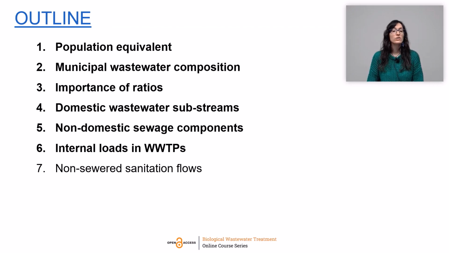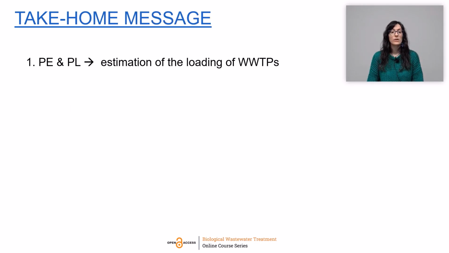If we go back to the outline of this section, we have now completed all the points, and these are the key messages. We have seen two ways to provide an estimation of the loading to a treatment plant: the population equivalent and the person load. While the population equivalent is a fixed value, the person load can change.